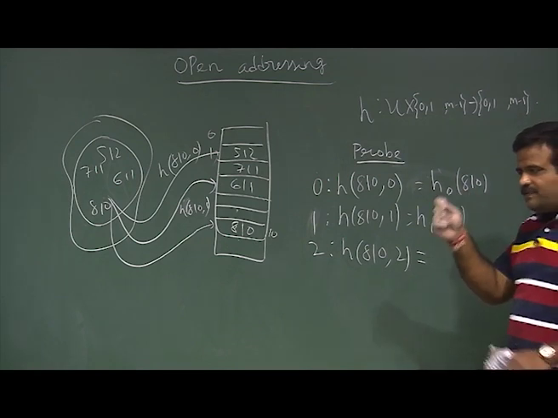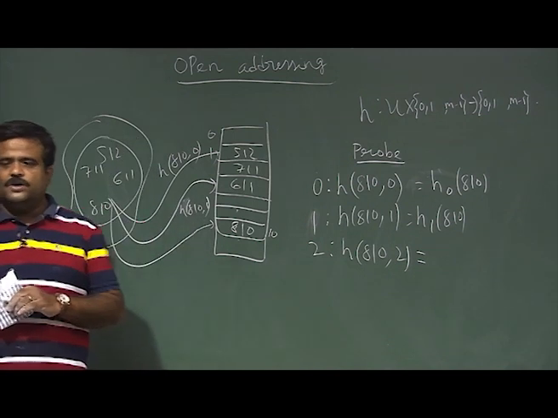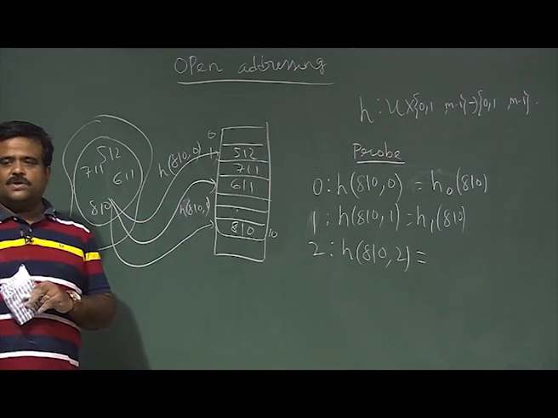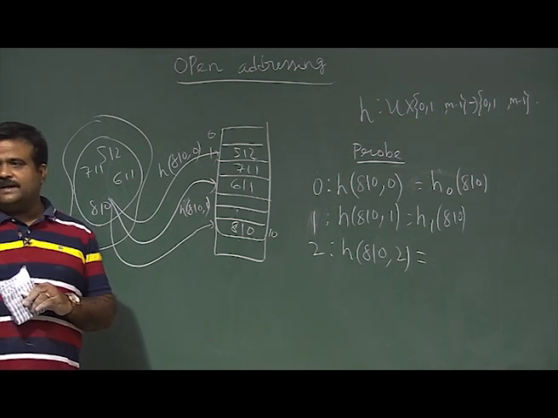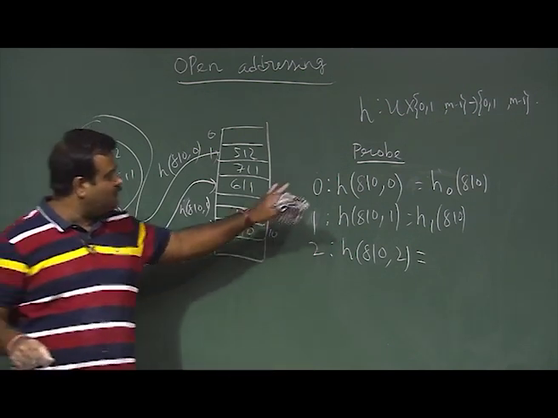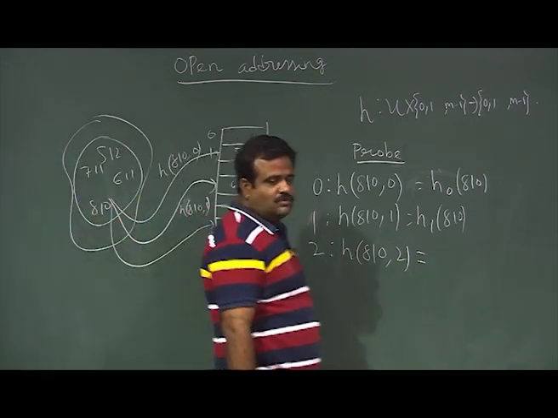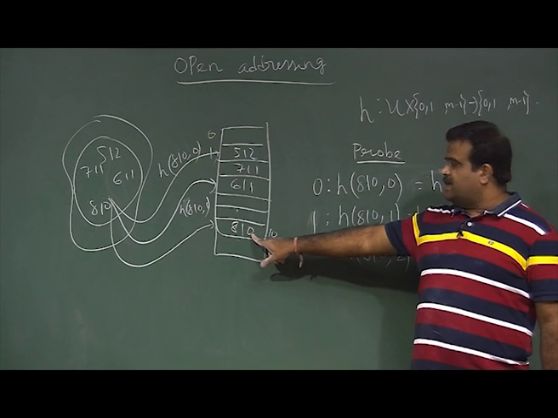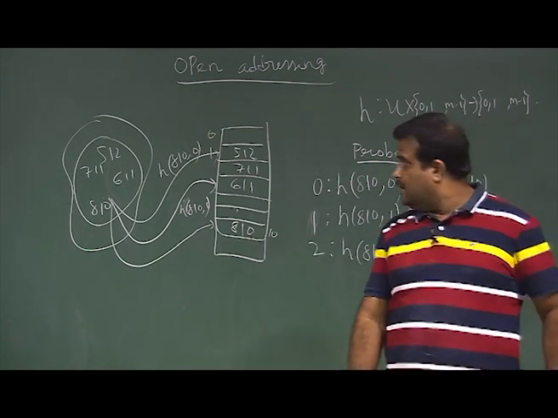If one function is giving an occupied slot, we use the next hash function with the hope that we will get an empty slot, and we continue probing until we reach an empty slot. Once we reach an empty slot, we put the key there. So, this is the way we insert a key.